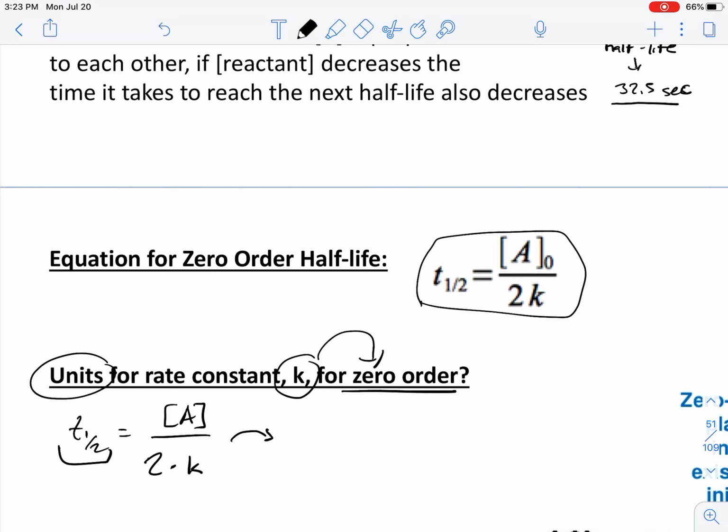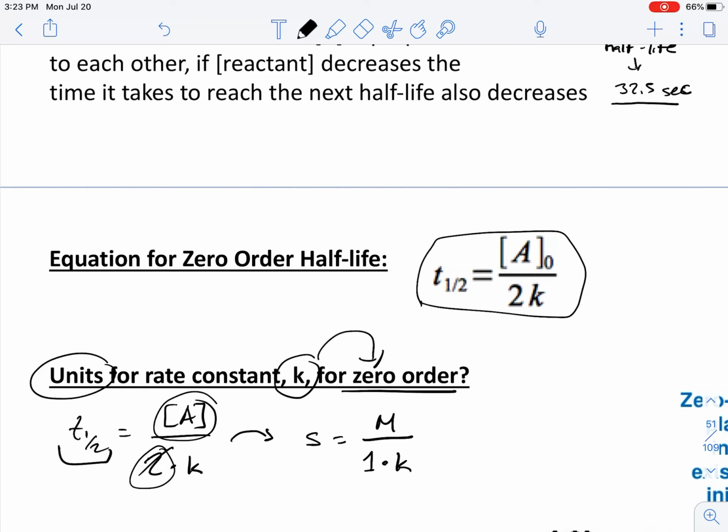Half-life is time, and for now I'm going to associate time with seconds. This bracket represents molarity. Now 2 is a constant, so I'm just going to take it out, leaving molarity over K.